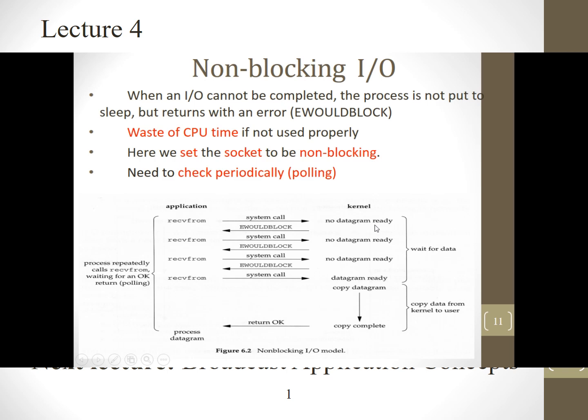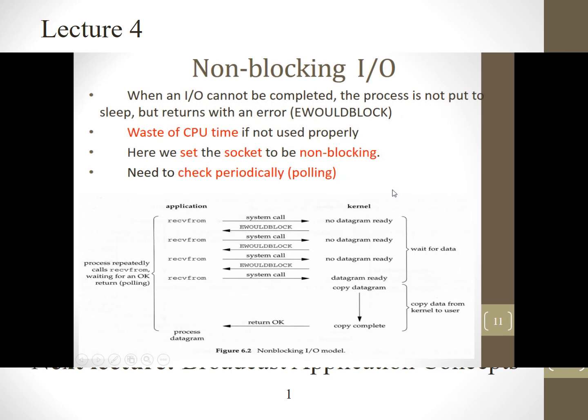Instead of waiting like it does in the blocking I/O model, in this situation it says we are not going to wait. Instead we just come back with a notification of error would block.